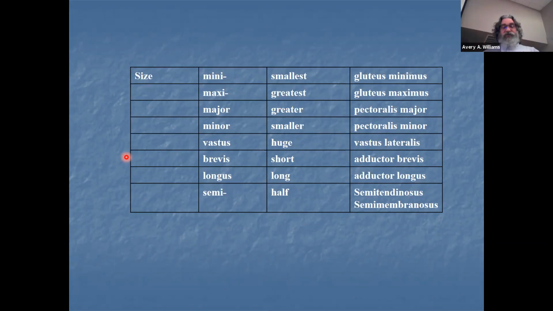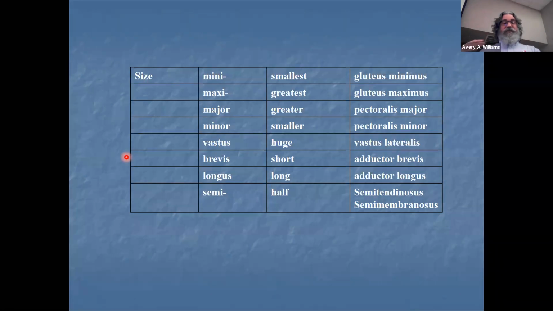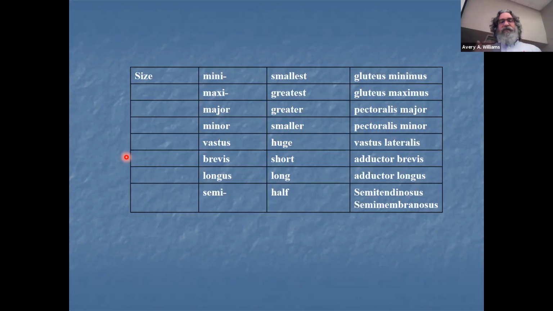On your 50-question multiple choice test, 1/3 of your test is going to come from questions like this. So it's a significant portion of your exam. In order to pass your second exam, you have to know your muscle nomenclature.